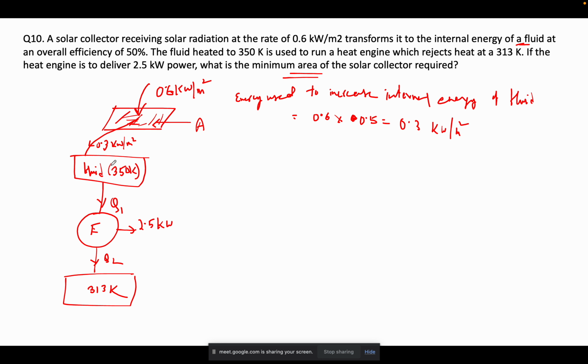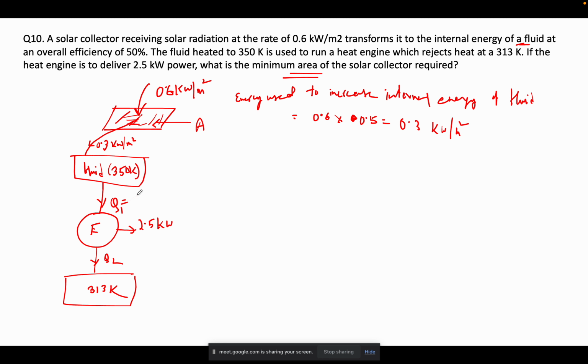Then if Q1 amount of heat is taken, it will do 2.5 kilowatt of power. So what is the minimum? If you want to calculate the minimum amount of area, see, this is the amount of heat input. If you want to maintain a constant temperature, whatever heat you are getting inside, you have to reject that much amount of heat.